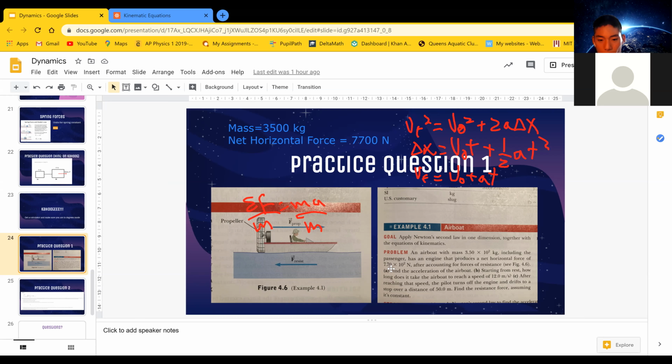Since they have 7.70, we usually round to the hundredths place in this question, unless they give you a value like 3.501 times 10 to the second kilograms, then you would have to round to the thousandths place. So for these questions, just always round the answers to the hundredths place. Typically it's always like that. Okay, so 5.45, I would round it to there.